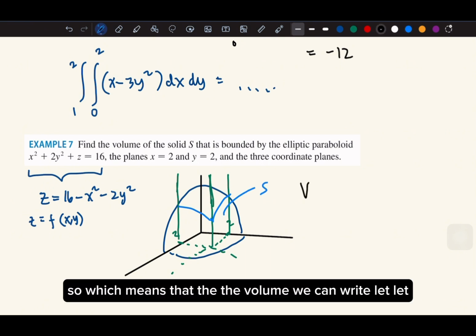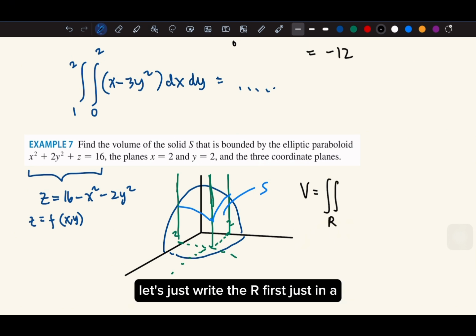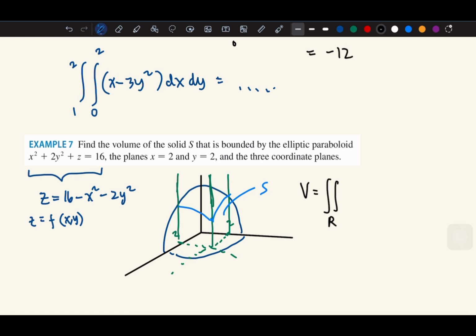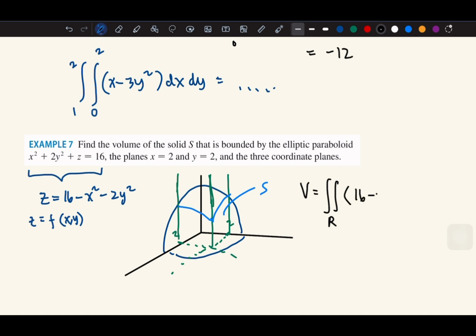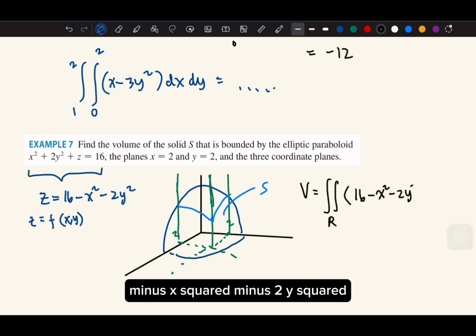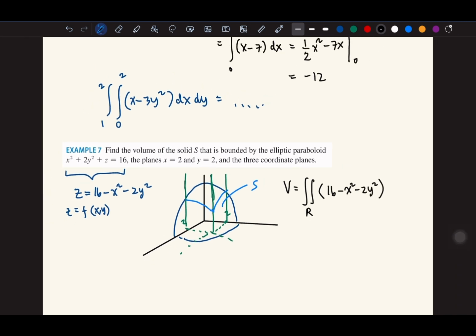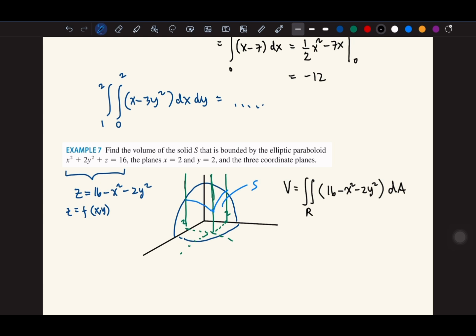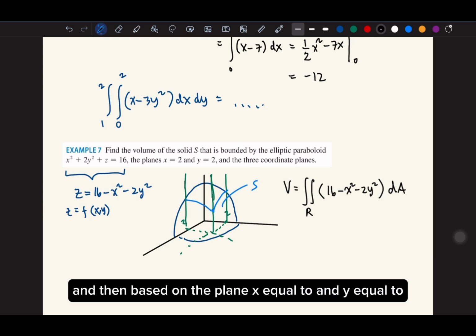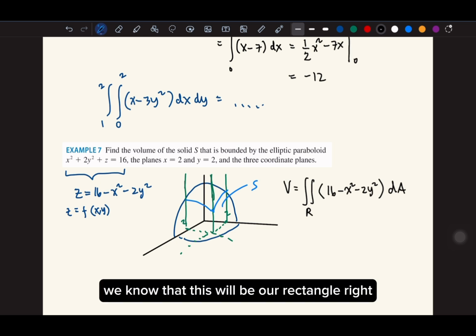So which means that the volume, let's just write the R first, as a default R, and then we can write the 16 minus x squared minus 2y squared, and then you can just write the dA first. And then based on the planes x equal to 2 and y equal to 2, we know that this will be a rectangle, right?